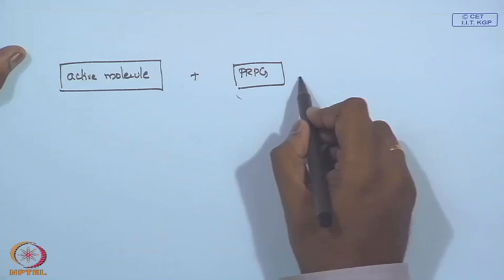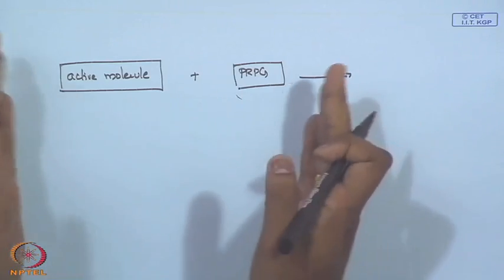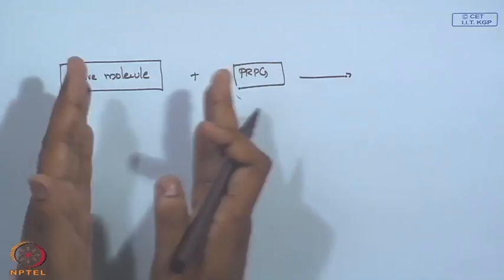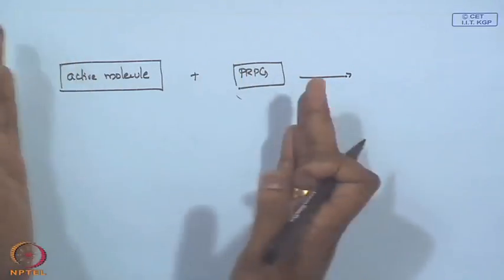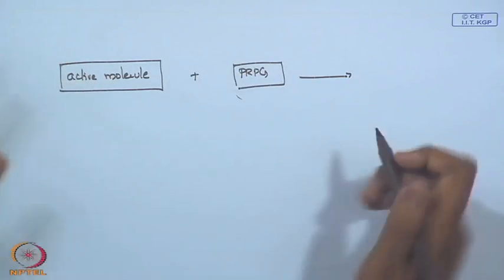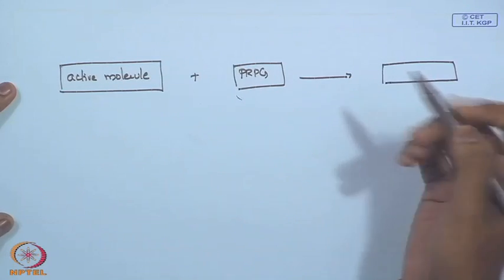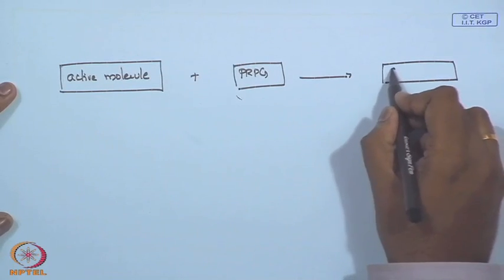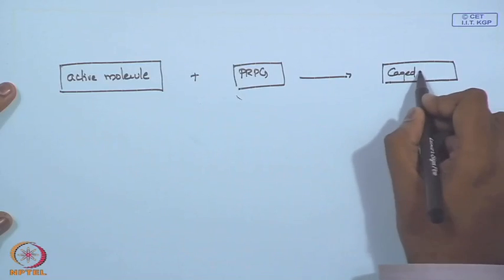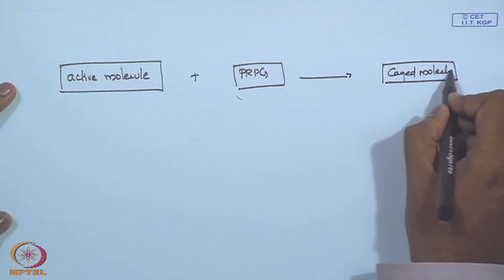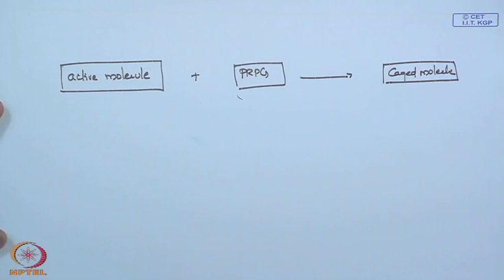Now you add them covalently. In most cases you attach them covalently, and in photochemistry they are called caged molecules. You take the active drug, attach it to a photo removal protecting group, and then you call it a caged molecule. Clear?